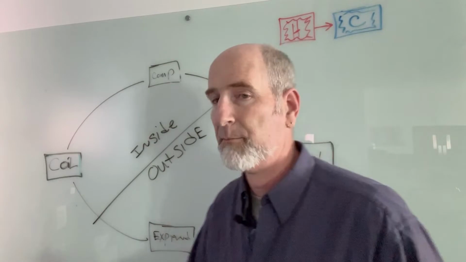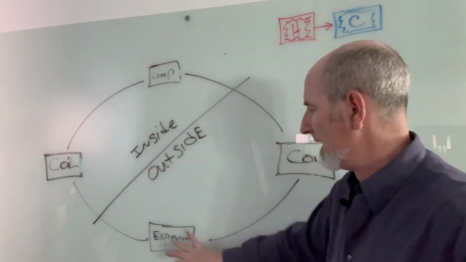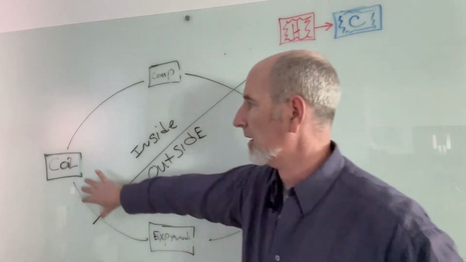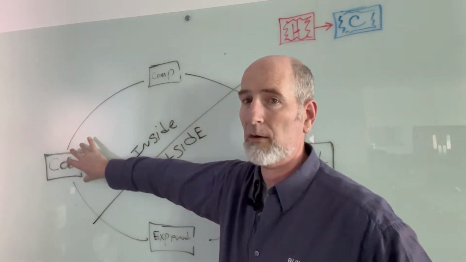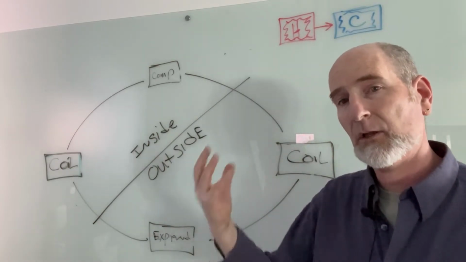So I've changed it by 5 degrees by just letting air out of that can. Same thing happens here. To make it cold out in this coil, I'm letting that refrigerant expand, lowering its temperature.